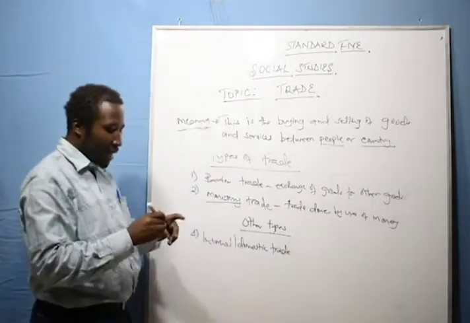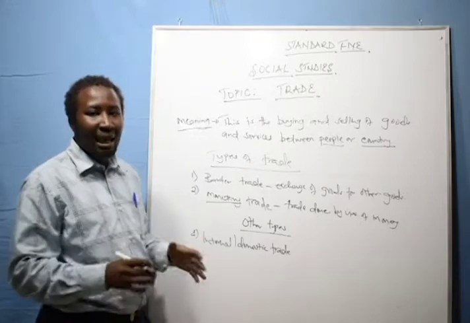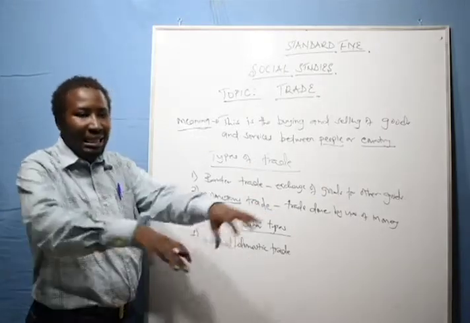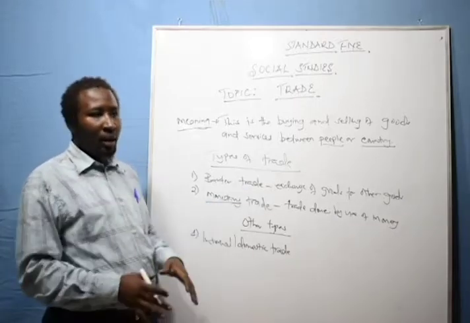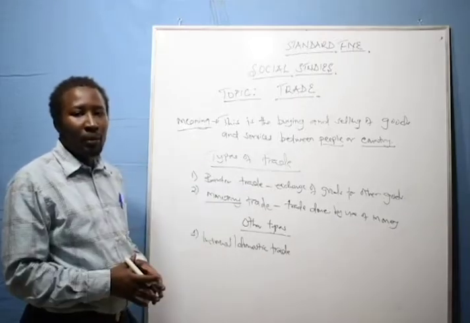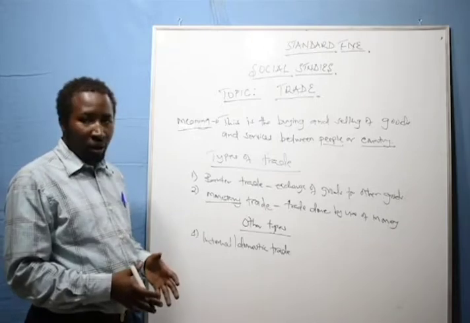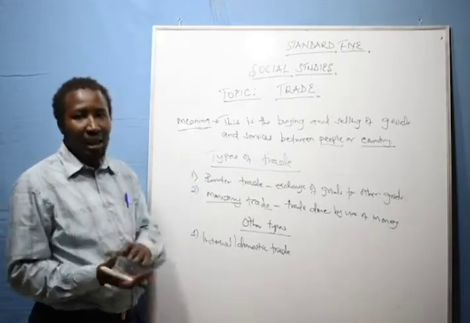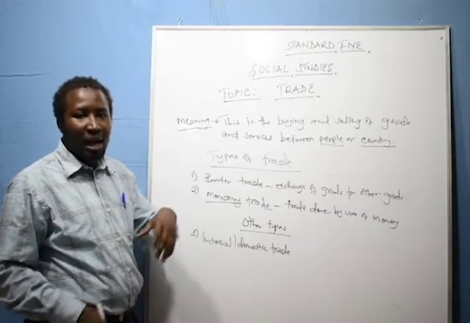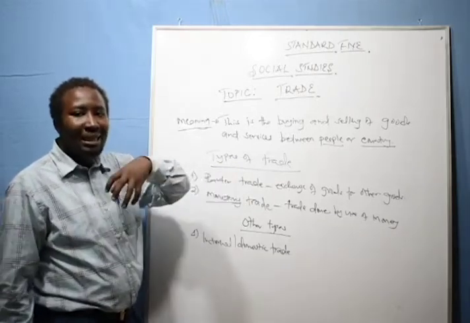Now, internal, from the word, means within or inside something. Inside of this room, we have several things. So if I decide to sell goods just within this class, I would say I'm doing this internally, or inside.